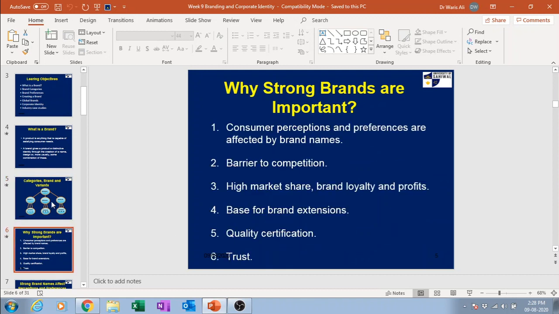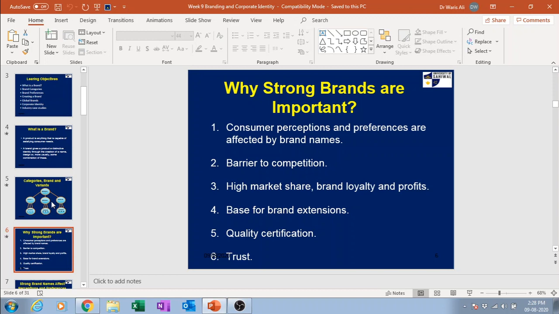Now the question arises, why do we need brands? As I told you, brand helps you to differentiate one product from another product. And brand names also reflect something about the product.